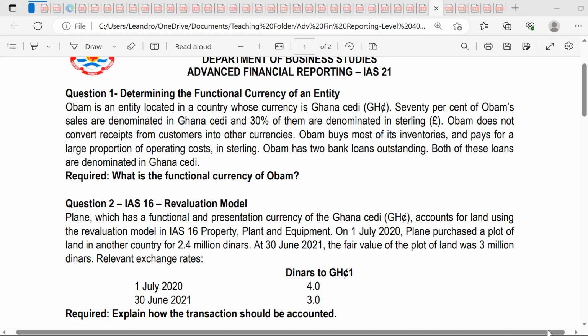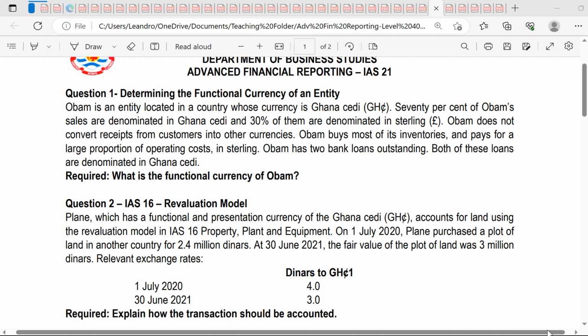And in part 2 of today's lecture, I want to look at the revaluation model in IAS 16, how it works with IAS 21. So, if you remember, the IAS 21 rules for non-monetary items carried at historical cost, then you use the historical rate.